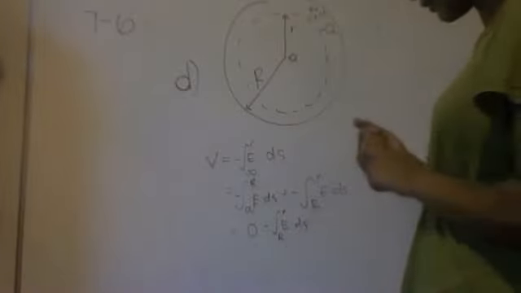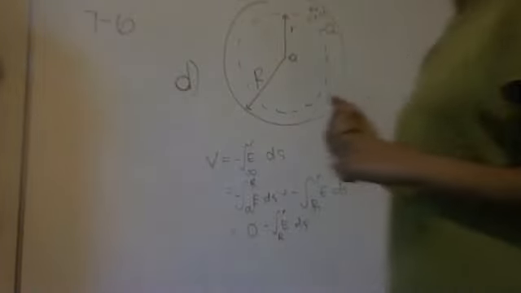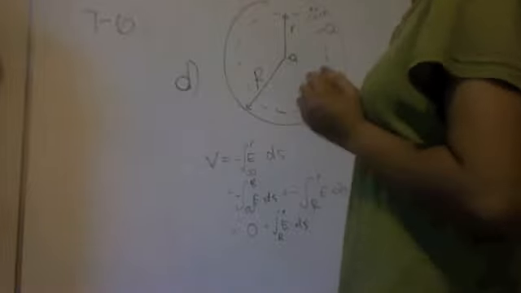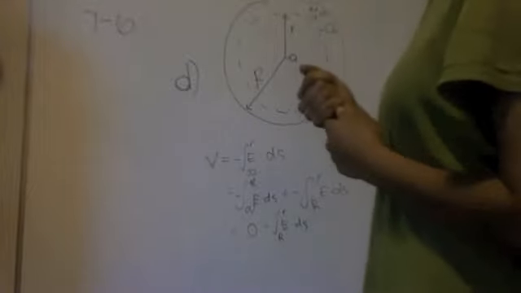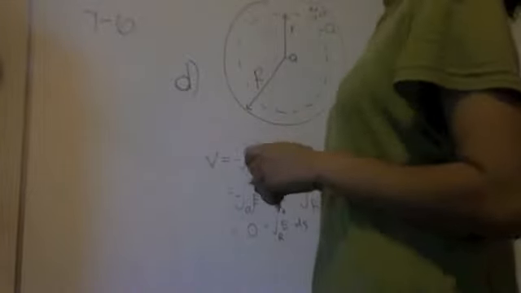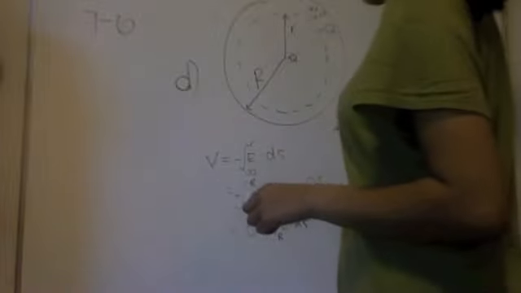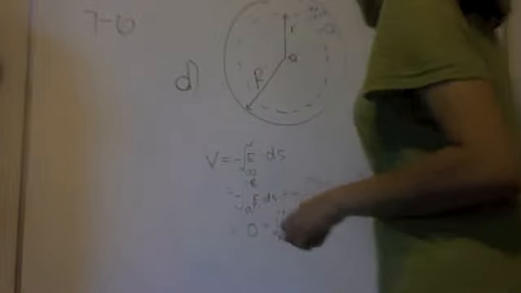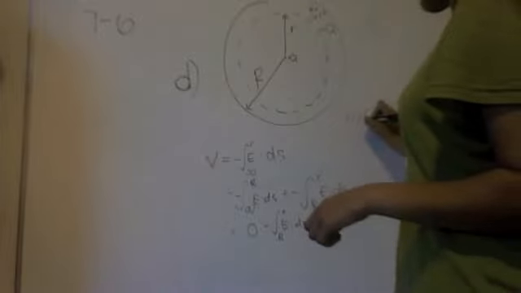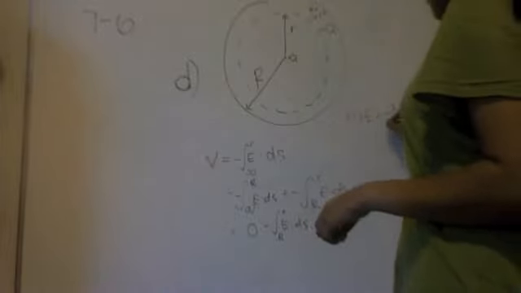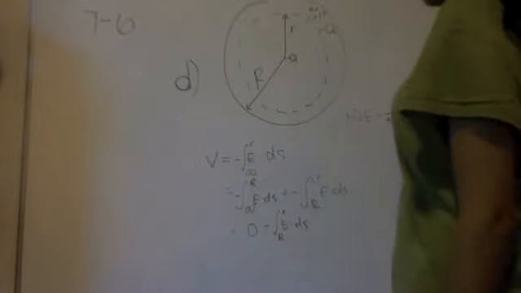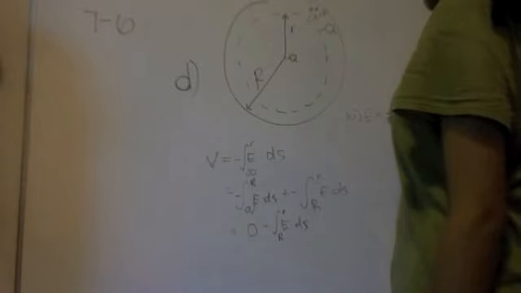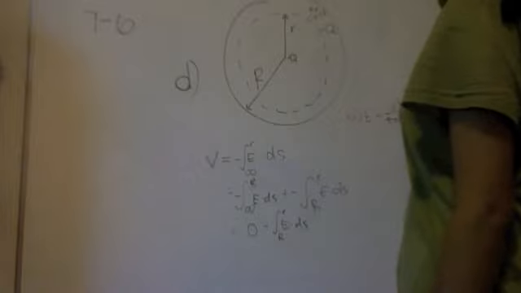We need the electric field from big R to little r, which I think we've already found in part B. There we got E is equal to 1 over 4 pi r squared epsilon naught times big Q minus Q little r cubed over big R cubed.